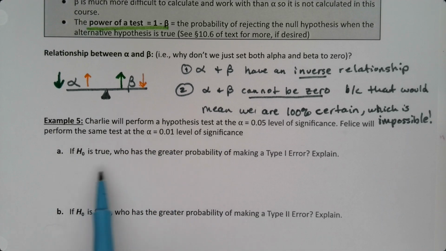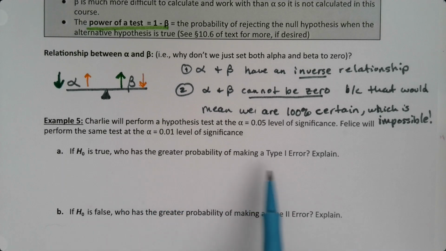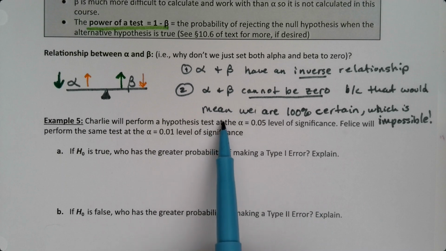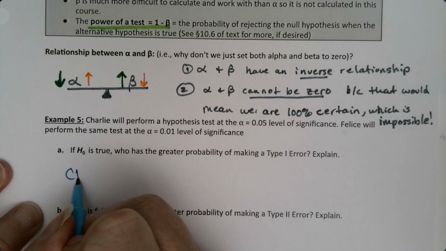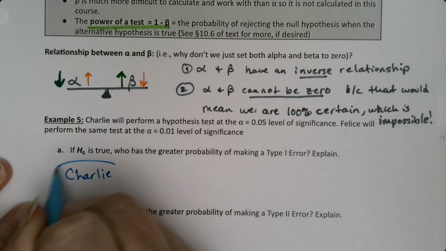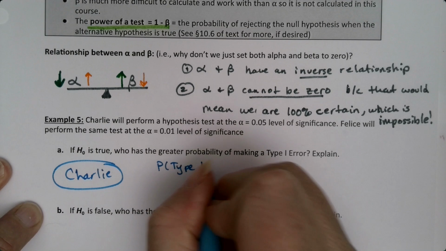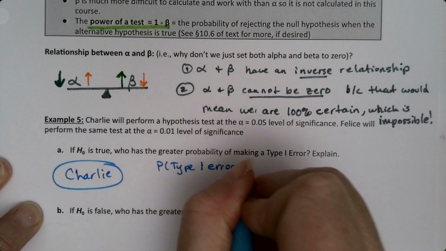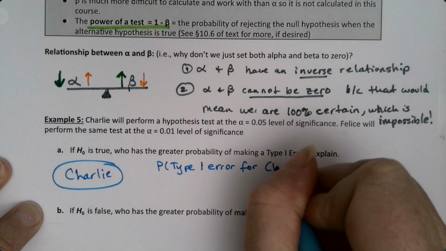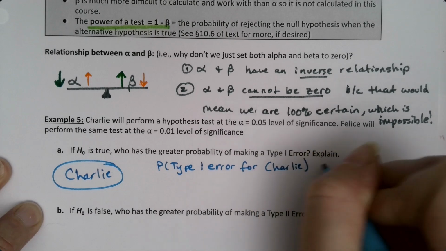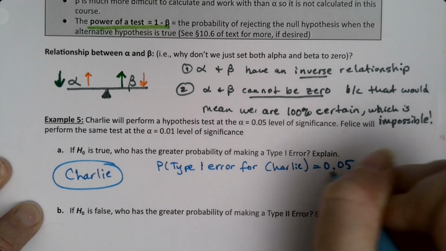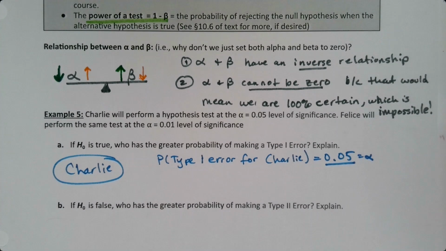So if H0 is true, who has the greater chance of making a type 1 error? Well, that's really easy. That's Charlie, right? The probability of a type 1 error for Charlie is 0.05. That's what alpha is, right?